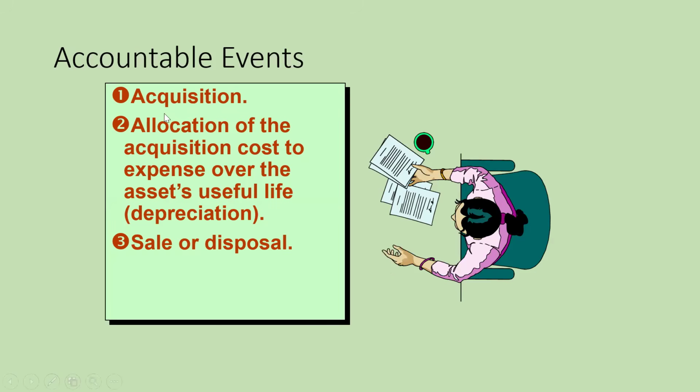Then sale or disposal of assets. In this particular lecture, we are going to cover the acquisition process. What is the acquisition process? What type of cost should be added in the cost of the asset, and what should not be added?